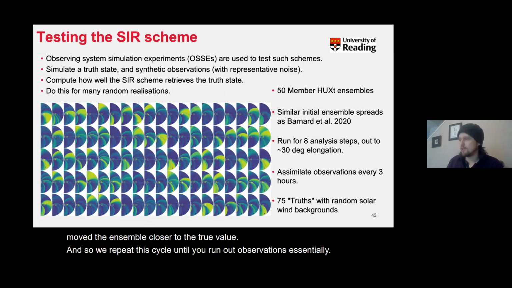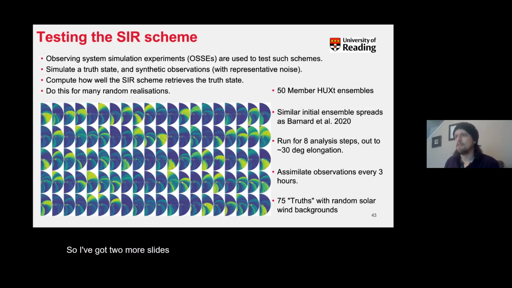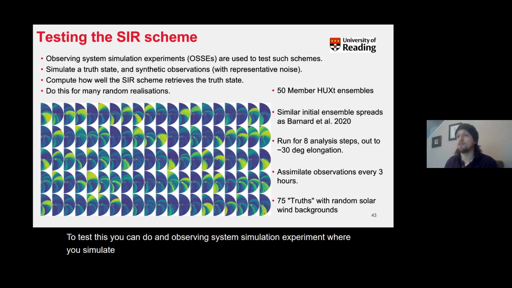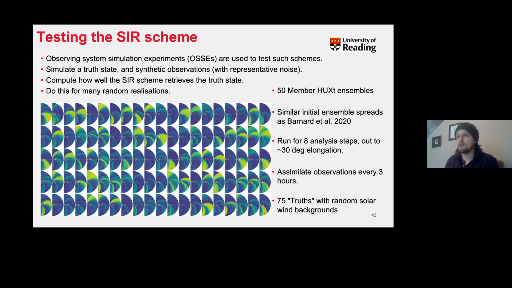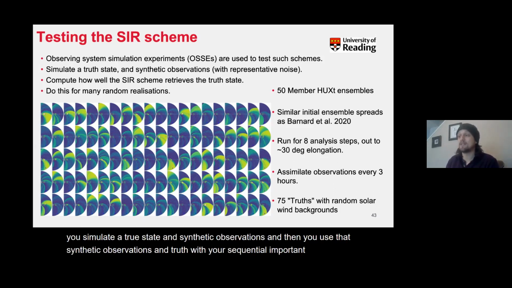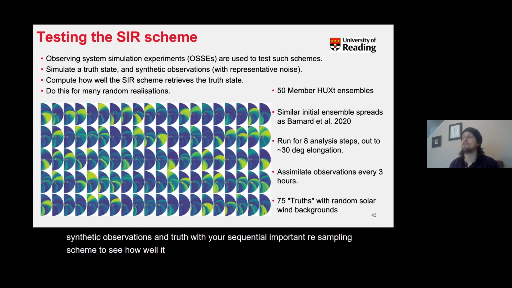I've got 2 more slides, I think. To test this, you can do an observing system simulation experiment, where you simulate a truth state and synthetic observations, and then use those synthetic observations with your sequential importance resampling scheme to see how well it does at retrieving the truth state.